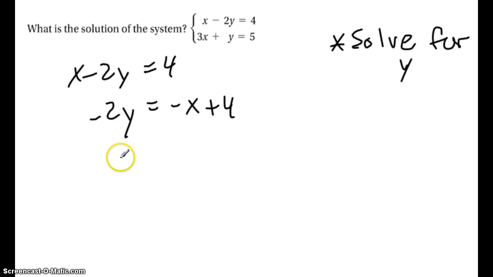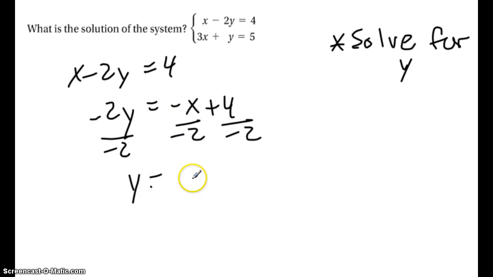Then divide everything by -2. So you're going to have y equals positive, negative divided by a negative is positive, 1/2 x. Remember, that's the same thing as dividing by 2. And 4 divided by -2 is going to be -2.